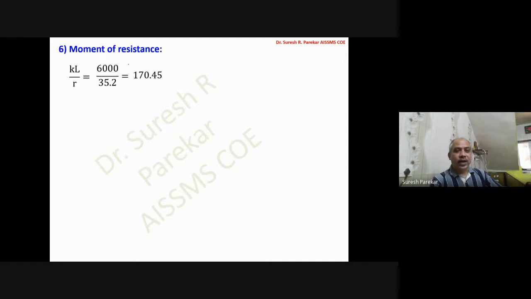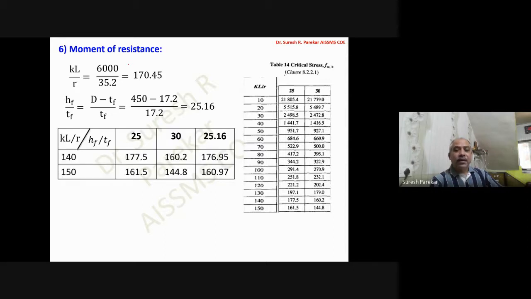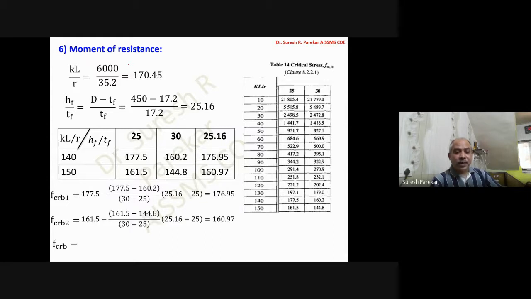Now we know how to calculate it, using table number 13 and table number 14. First we will calculate FCRB by using table number 14, and from table 14 you can see over here I will get this value, for 25.16 we have 176.95, 160.97. I will not again explain this part. Already we are with the analysis problem, and here we will get FCRB as 173.67. So knowing FCRB, we will go to table 13.